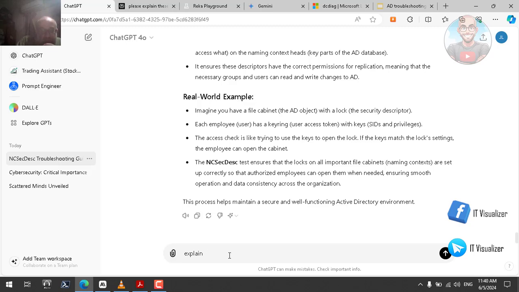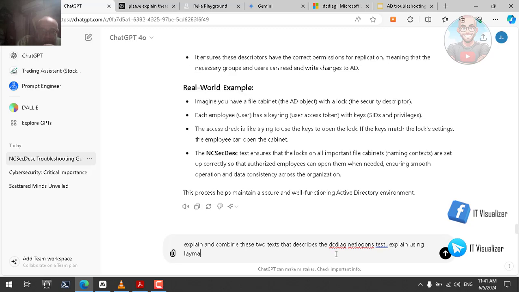Explain and combine these two texts that describe the DCDIAG Netlogons test. Explain using layman's terms. Okay, let's put the answer here.